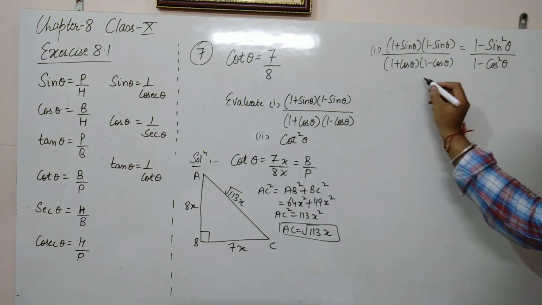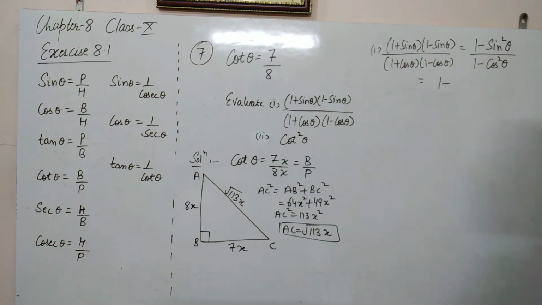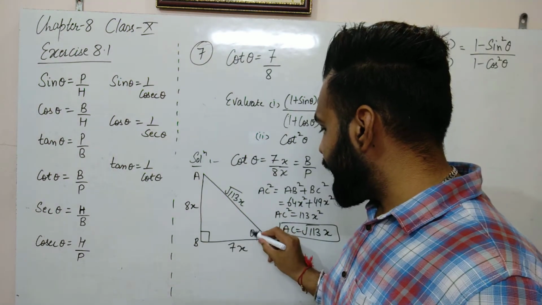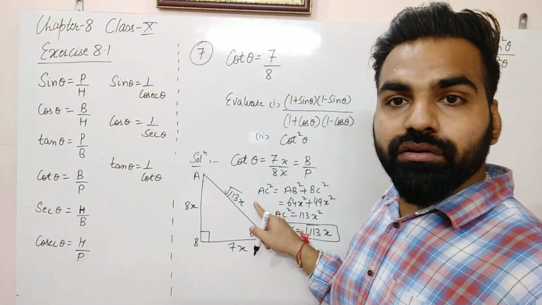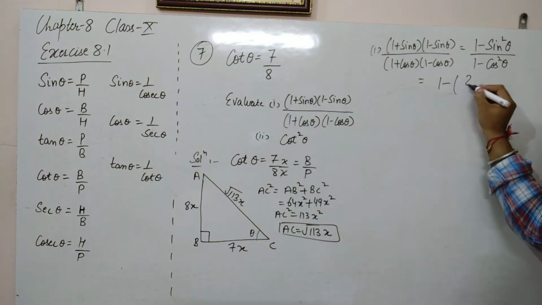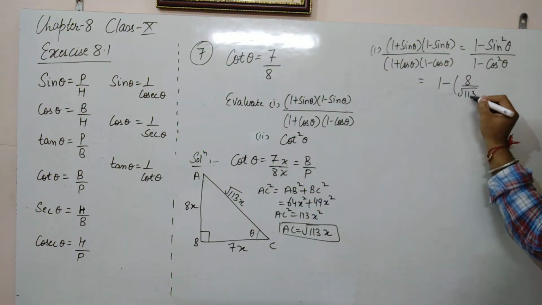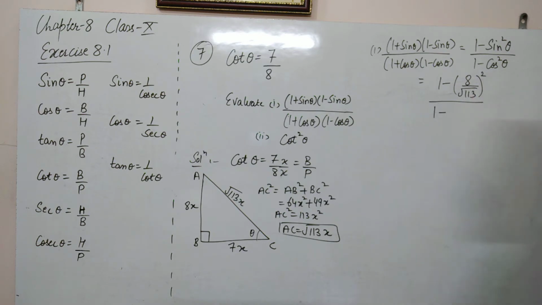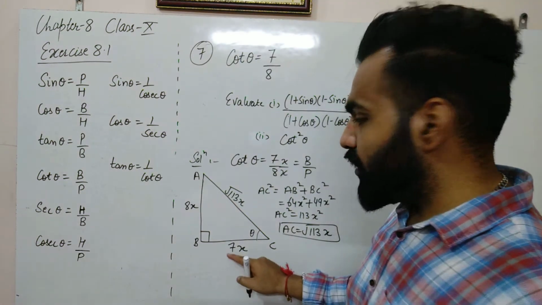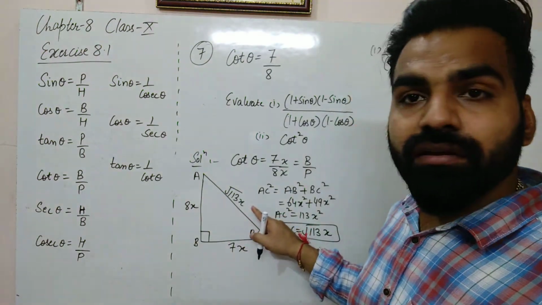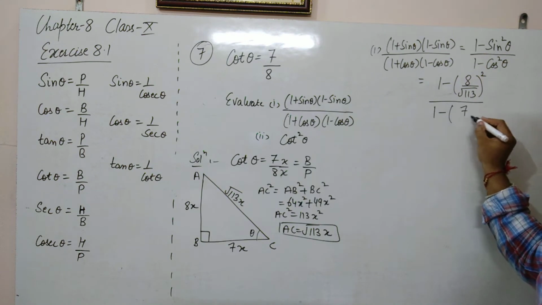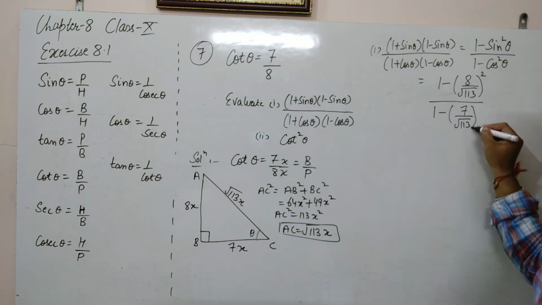So what will be the value of sin theta? Sin theta is P by H. Let us say this is theta here. So 8 by root 113. 1 minus (8 by root 113) square upon 1 minus, what is cos theta? Cos theta is B by H. That means 7 upon root 113 square.